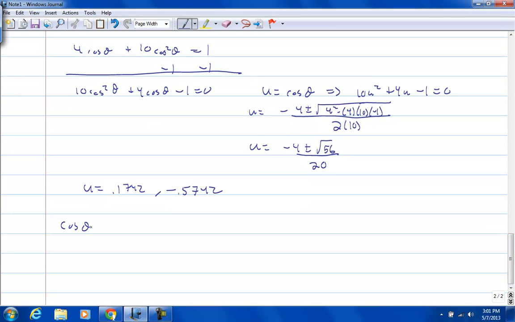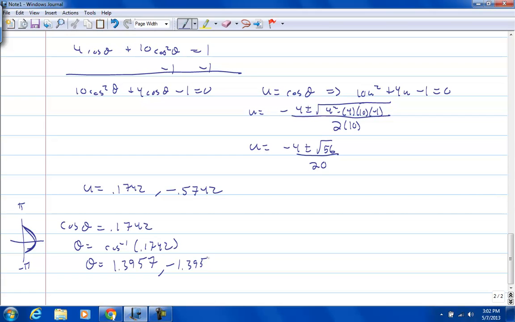So cosine of theta would be 0.1742. So theta would be cosine inverse of 0.1742. And theta would be, remember it said negative pi to pi. So we're looking at values in this range, negative pi to pi. So theta would be 1.3957 or negative 1.3957.